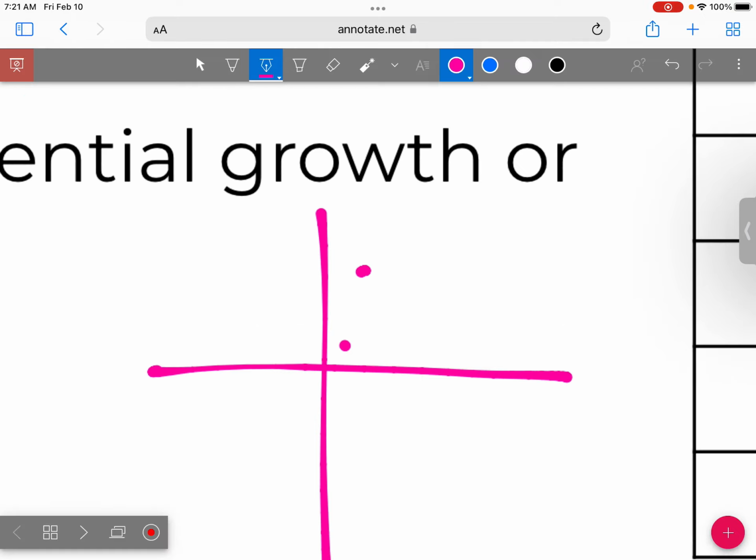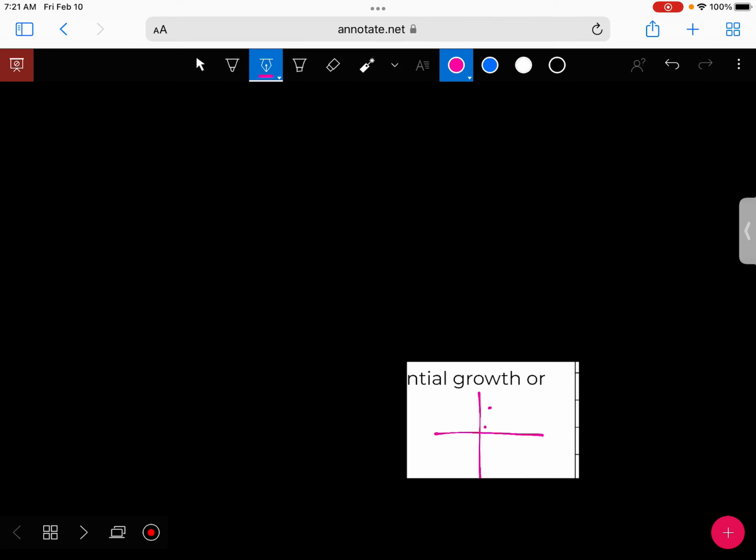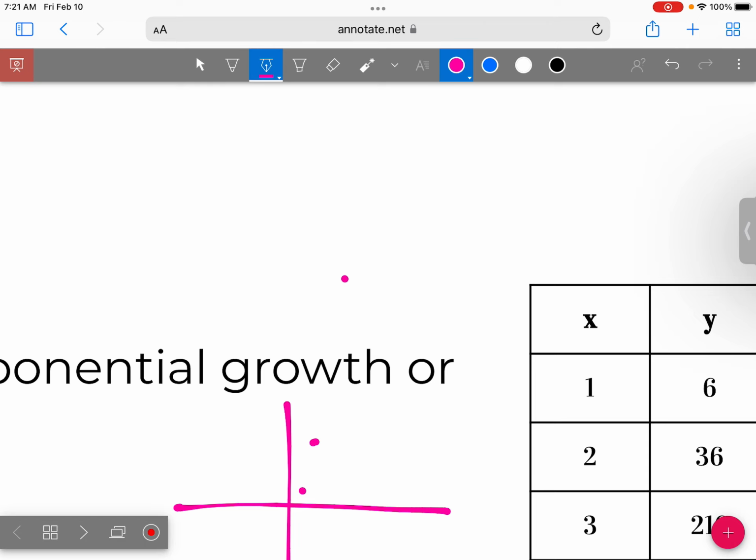So my graph, all we know are these points, right? They look like that, right?